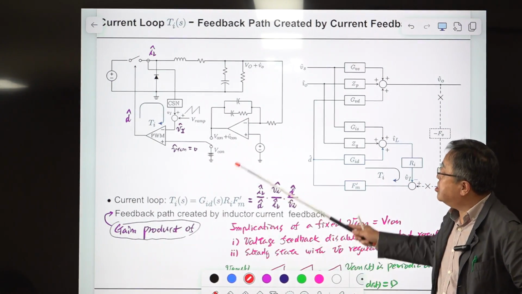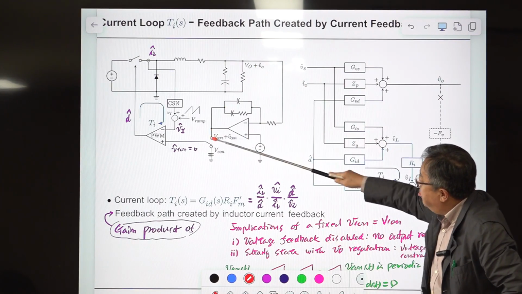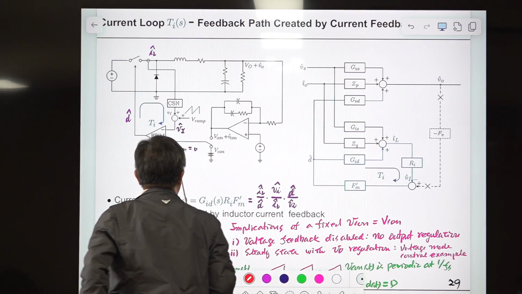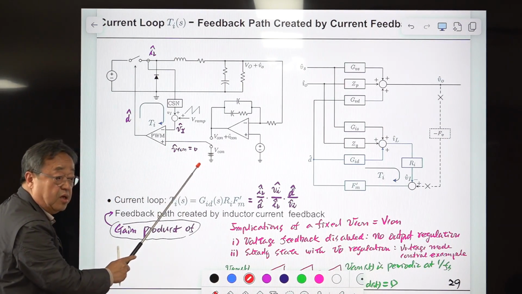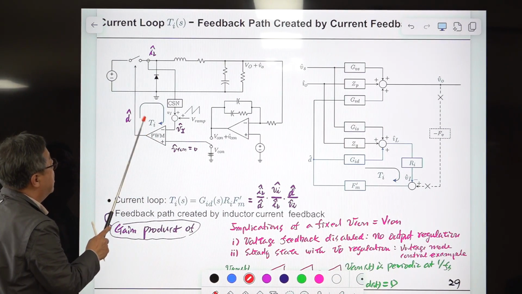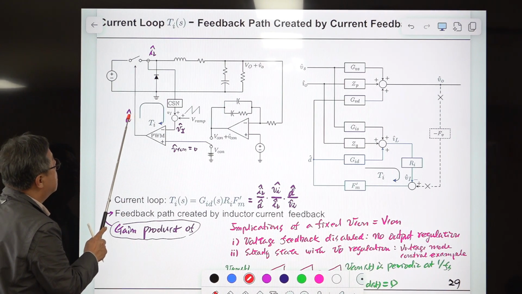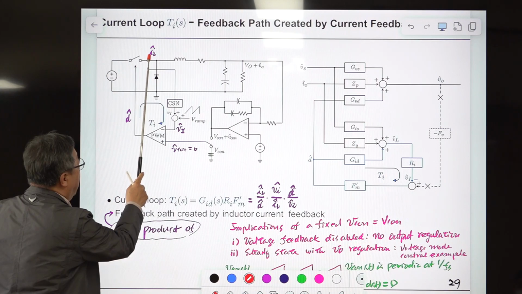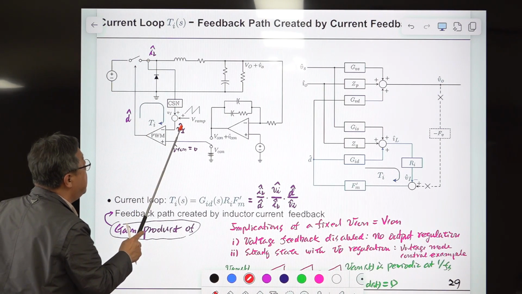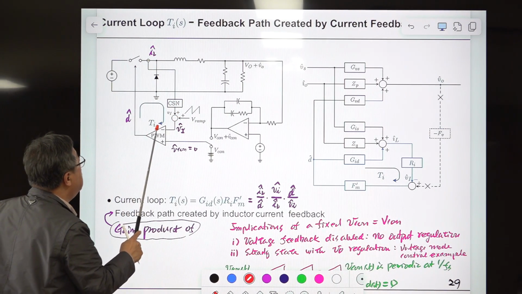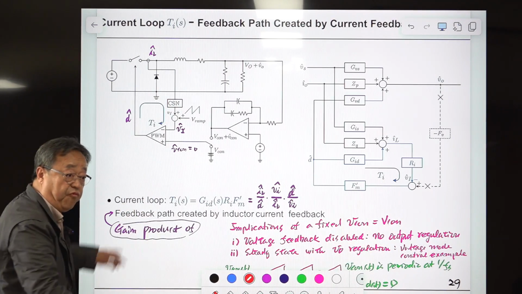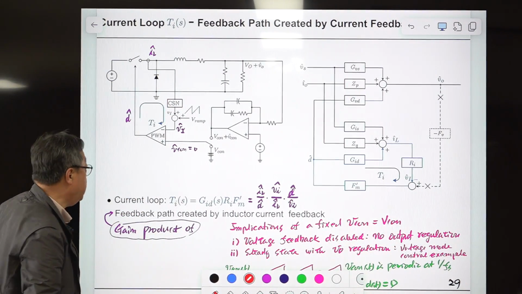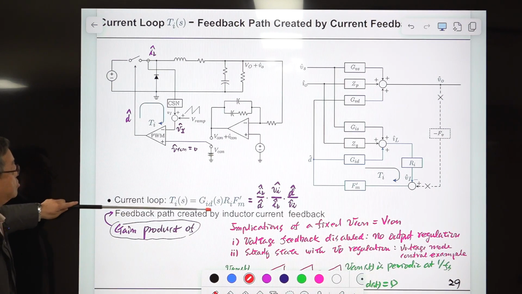With this condition, you are not caring about this and just looking at this, and here the control v-con hat is 0. But this d hat is here, and d hat will be changed to iL hat, and iL hat will be changed to vi hat, and it will go here. So Ti is the loop formed by this additional current feedback. This is the definition of Ti.